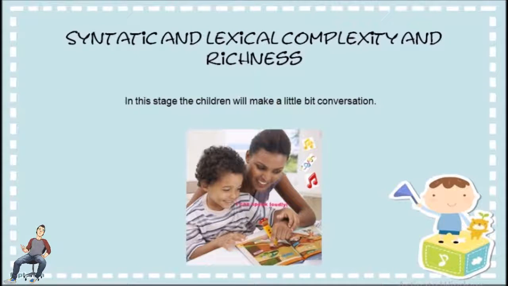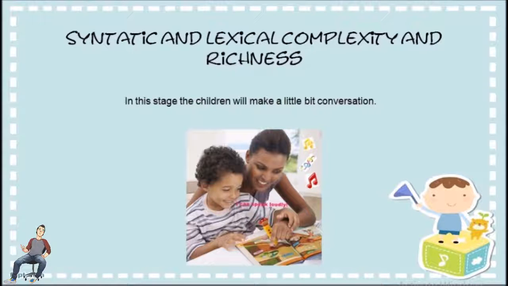And the next is syntactic and lexical complexity and richness. In this stage, the children will try to make a little bit of conversation, such as asking something of their friends, like telling their own name, or asking questions such as what is your name, just simple questions.